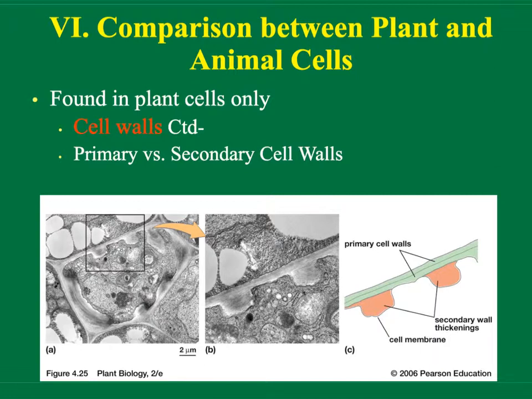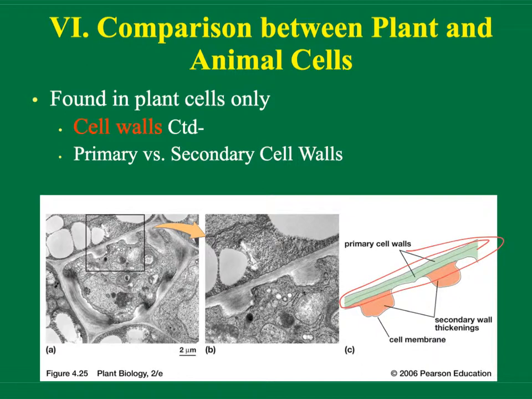Okay, so I also want to talk a little bit about the differences between primary versus secondary cell walls. So when we talk about primary, and here you can see that as this green layer right here. This is a single layer cell wall of growing cells that maintain the ability to stretch.